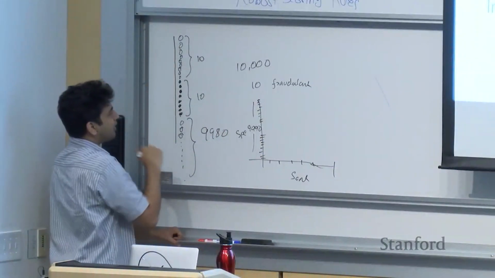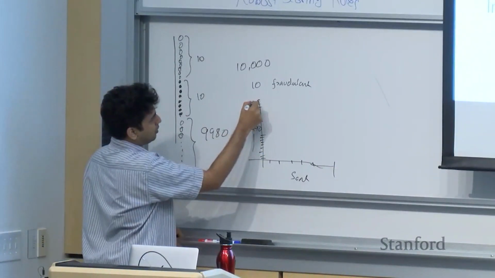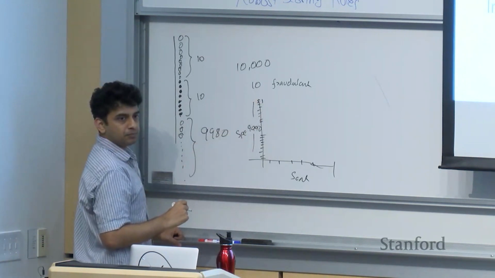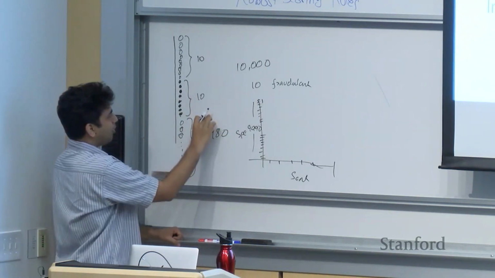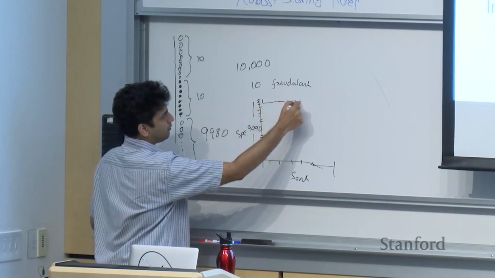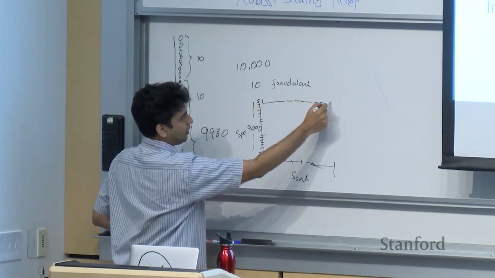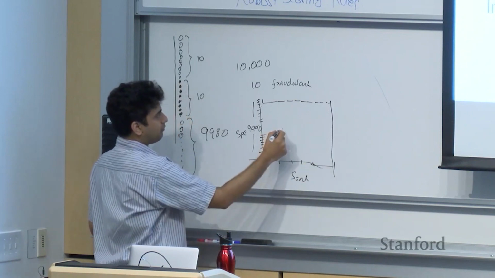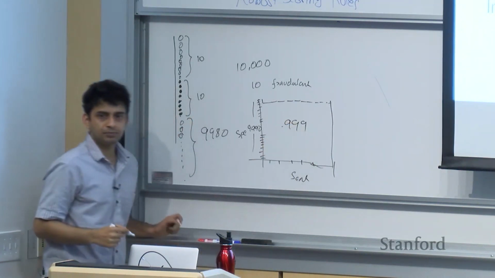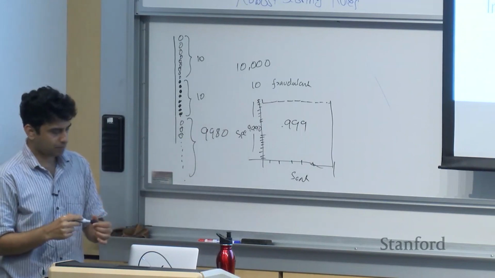The first 10 were all negatives, which means for the first 10, we get a steep drop. And then we have all the 10 positive examples, 1, 2, 3, 4, 5, 6, 7, 8, 9, 10, and then you get a negative. And this will give you an area under the curve of 0.999 or whatever, 0.99.